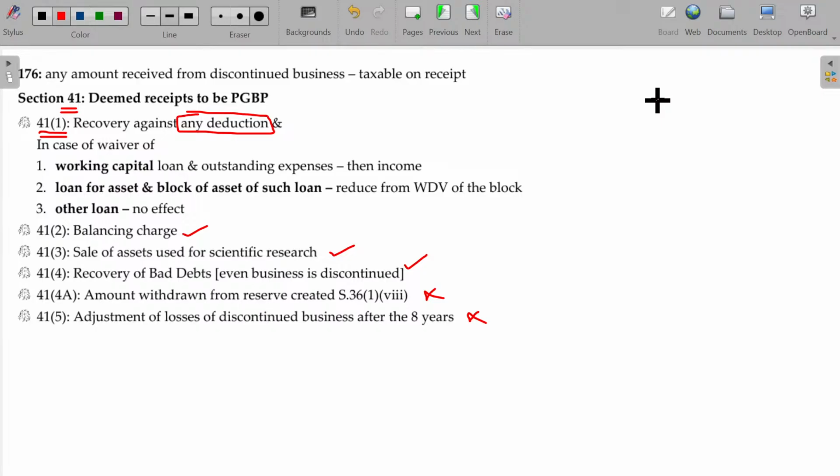For example, in your P&L account, in the previous year 23-24, GP being 1 lakh, and your normal expenses being 60,000 rupees. You are asked to participate in the government's exhibition.